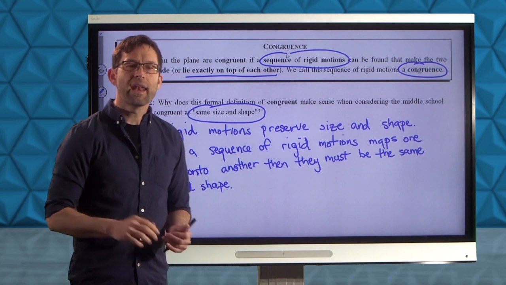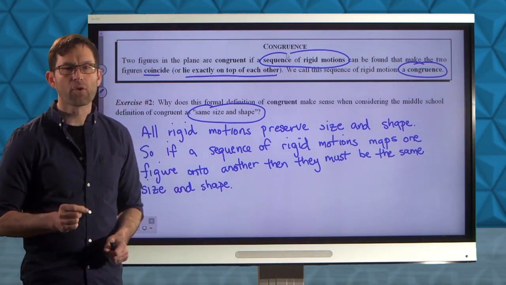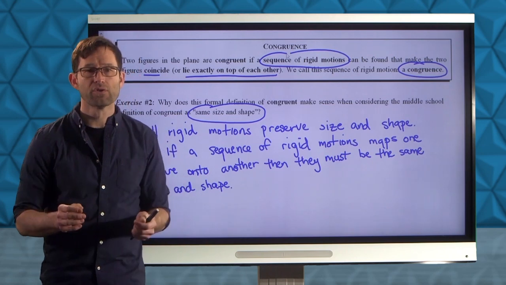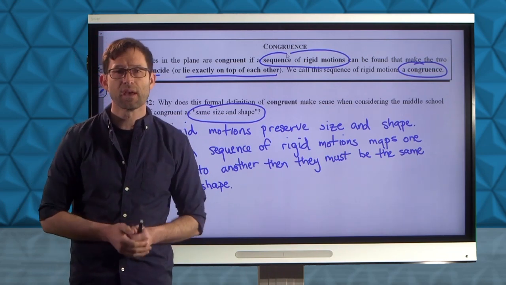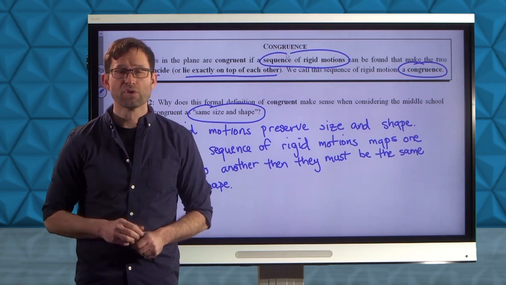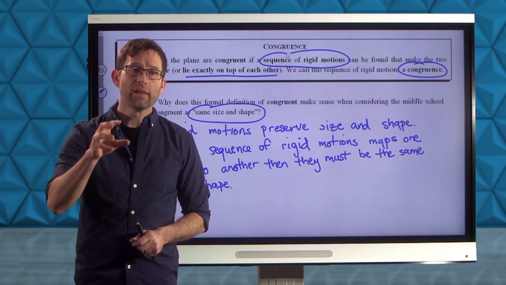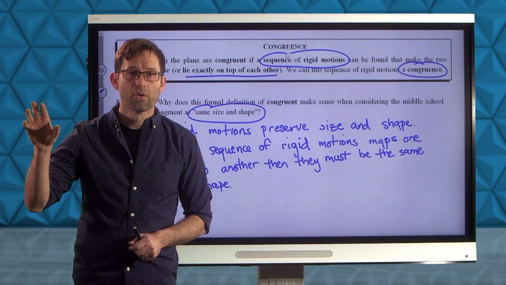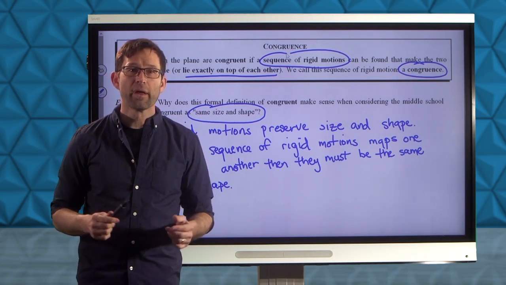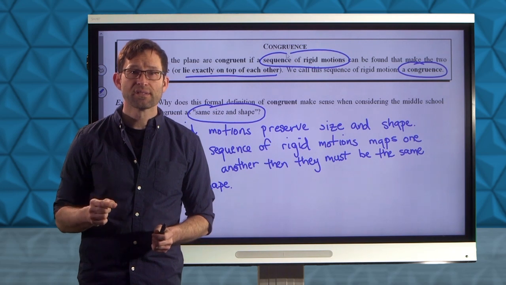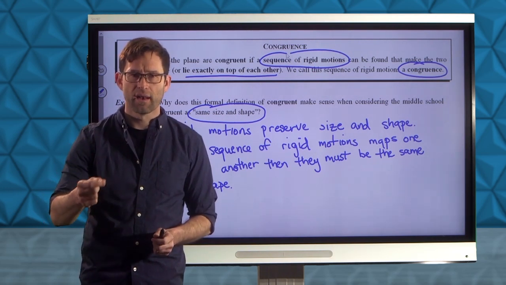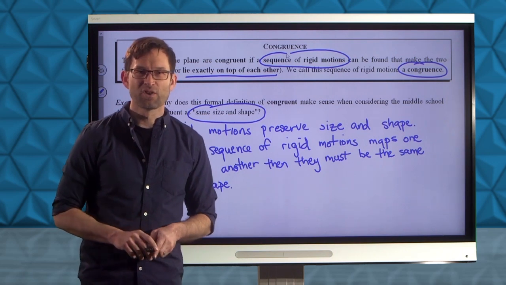All right, and it gives us a nice mathematical way of thinking about congruence other than just, yeah, those two things are the same size and shape. Now the question becomes, can we find some rigid motion that will literally put one of these figures right on top of the other one? We're going to be playing around with this idea a lot in this lesson and the next few, and we're going to keep coming back to it again and again. So let's start to get into it.